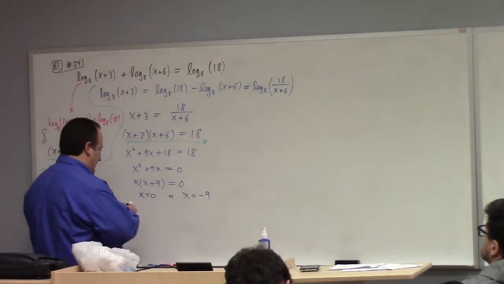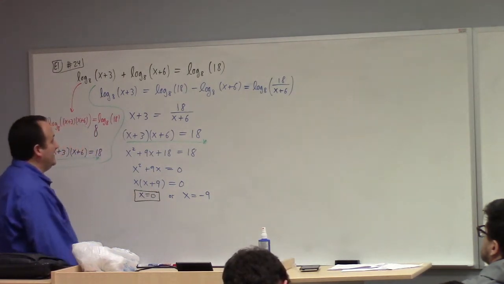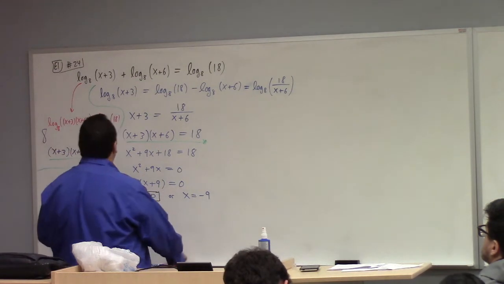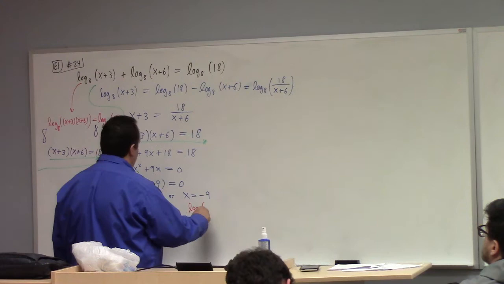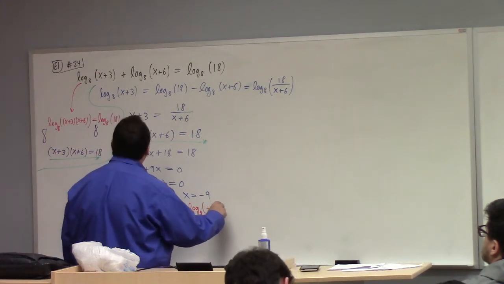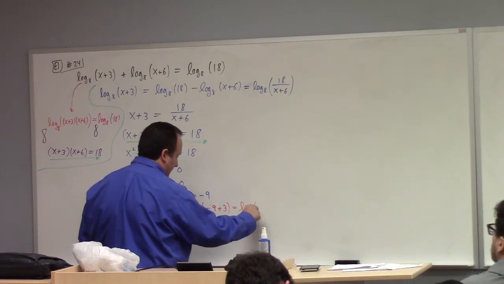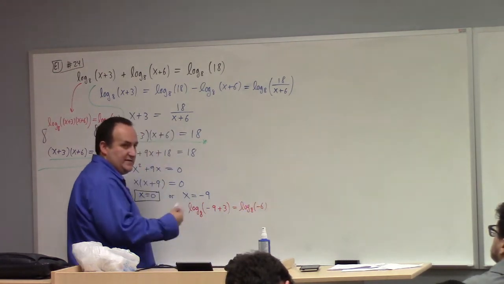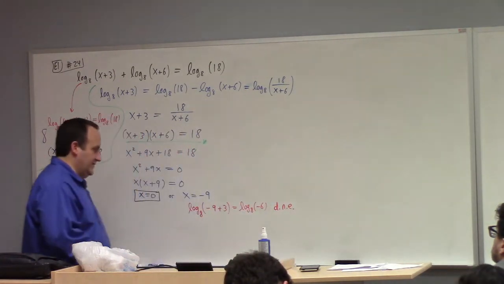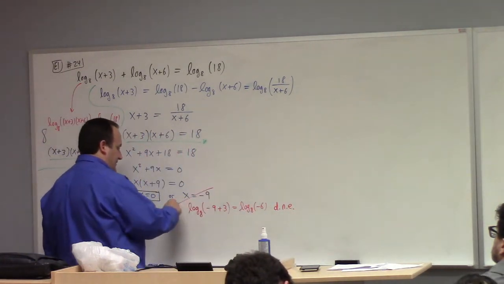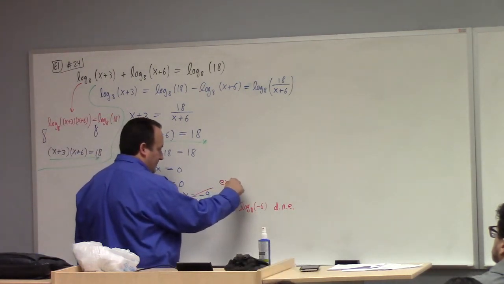So x equals 0 is a genuine solution. x equals minus 9, oh, we're going to have some trouble there. See, because when we look at log base 8 of minus 9 plus 3, what happens? We get log base 8 of minus 6, which does not exist, right? So we should cross this one out. That's not a legit solution. This one is extraneous, right?